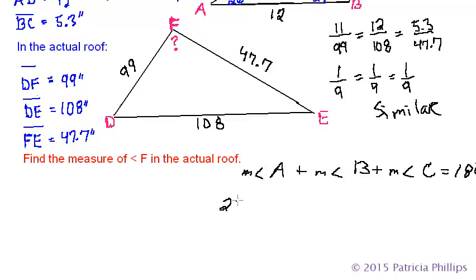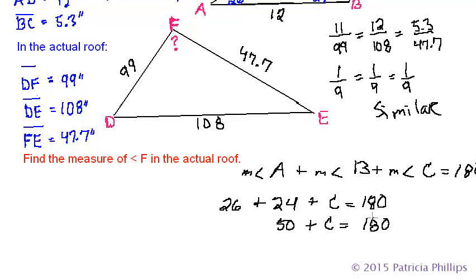So 26 degrees plus 24 degrees plus C equals 180. Okay, 26 and 24 is 50. So 50 plus C equals 180.